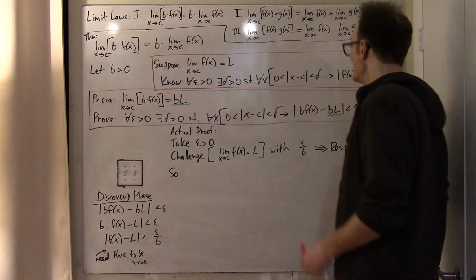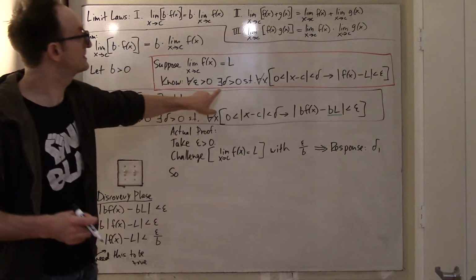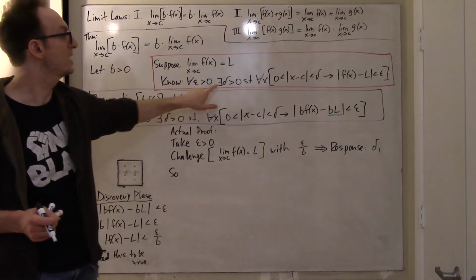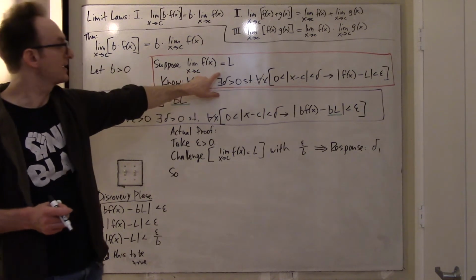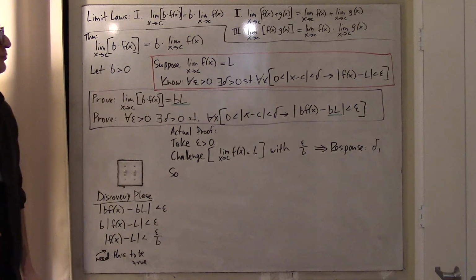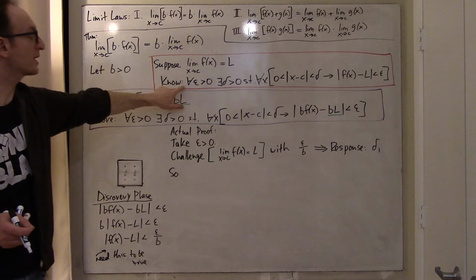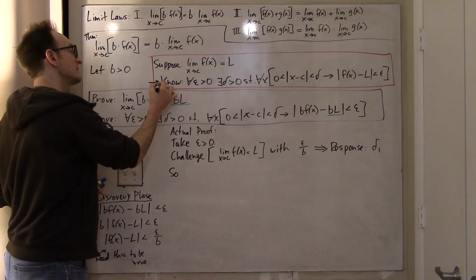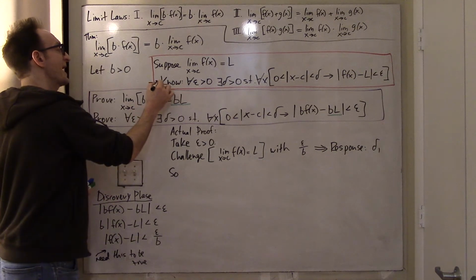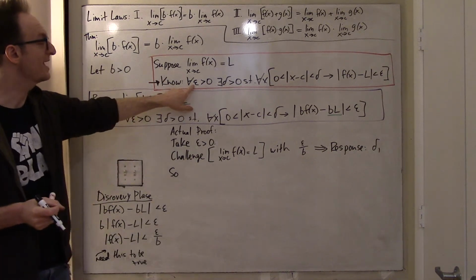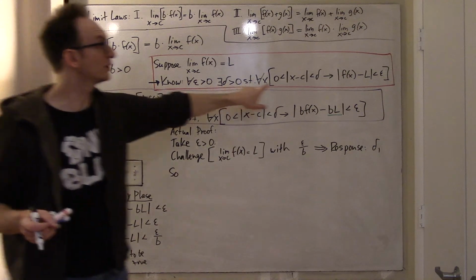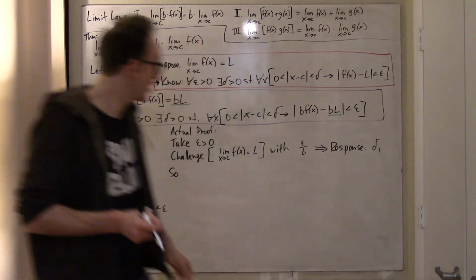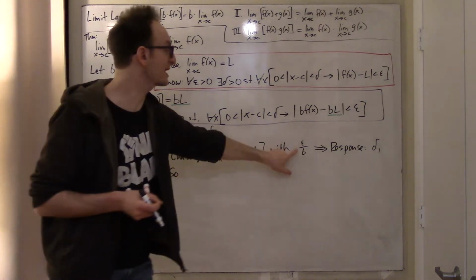What's delta 1? Delta 1 is the delta that I get back from challenging this limit with epsilon over b. After all, in more casual terms, what's going on in this line? This line says, give me any challenge whatsoever, and I'll tell you how close you need to get to C such that the challenge is met. Well, my challenge is epsilon over b.